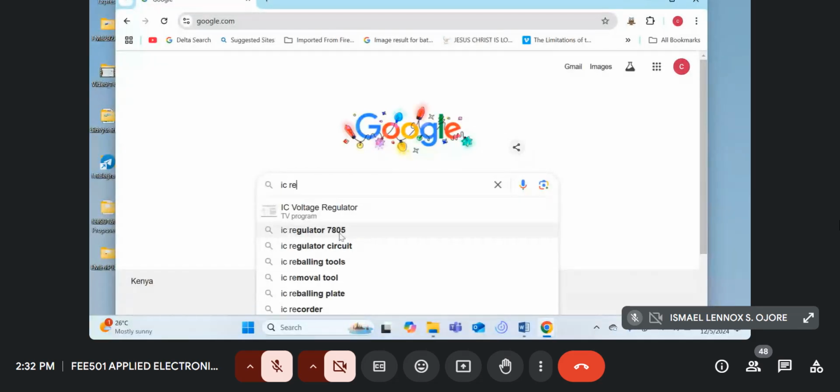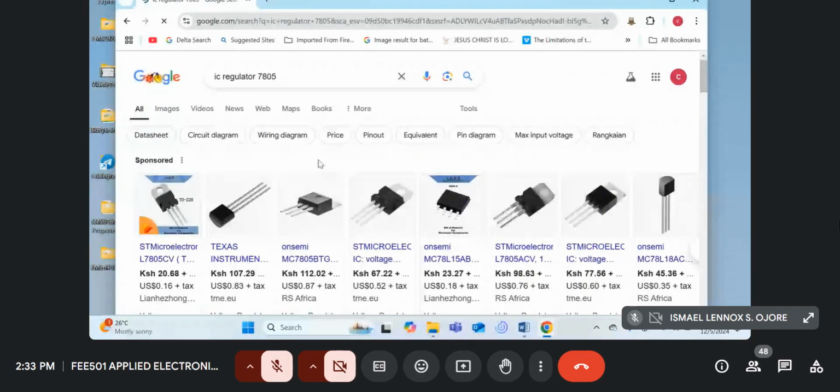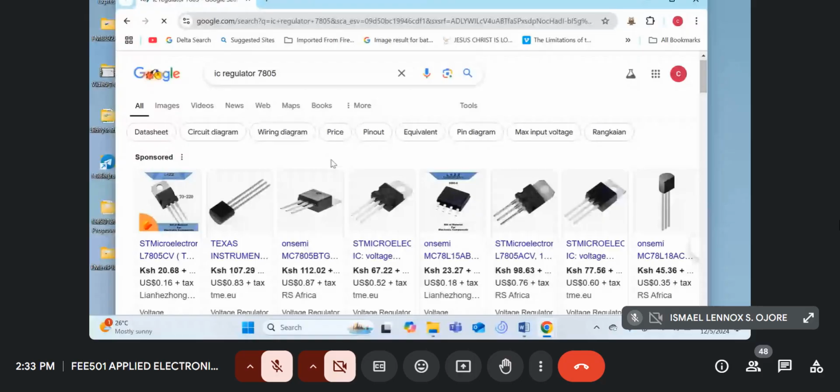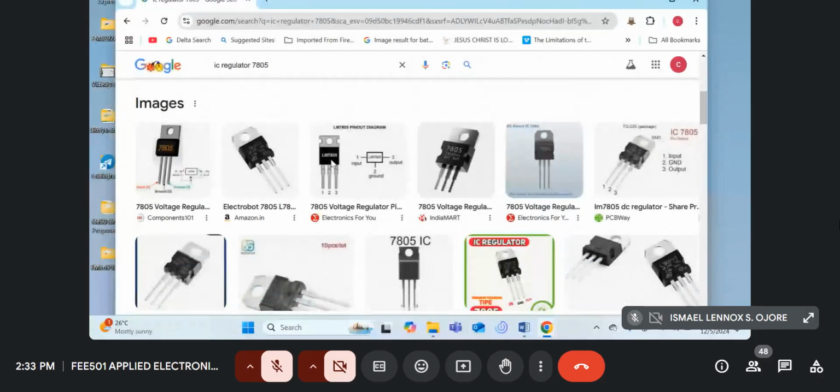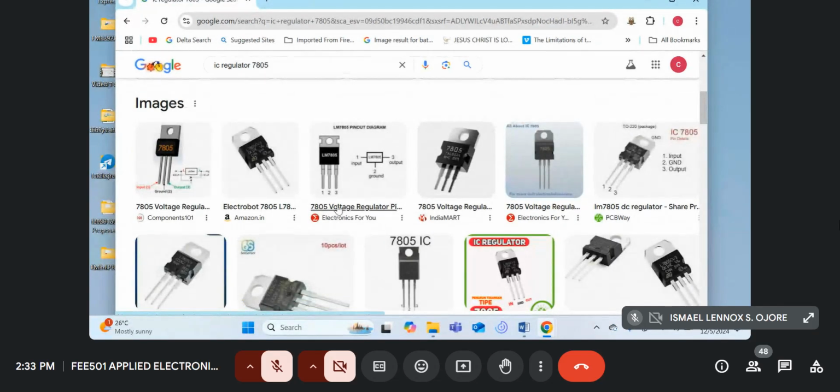Yeah, these are the series I was looking for. You see, these are the common ones like this LM7805 5-volt regulators. Then we have 12-volt regulators. I just want to confirm this LM. Is this National Semiconductor? Let me just go to one of these and look at the company.